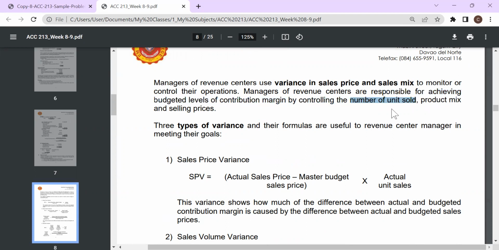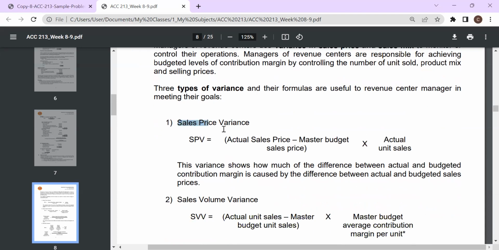So ito yung mga factors kung saan they can influence: the number of units sold, the product mix, and of course the selling prices of their products. Therefore, meron tayong types of variances here, which will be the basis of evaluating the performance of a manager in a revenue center.